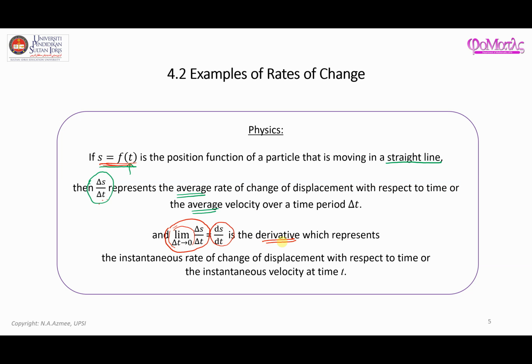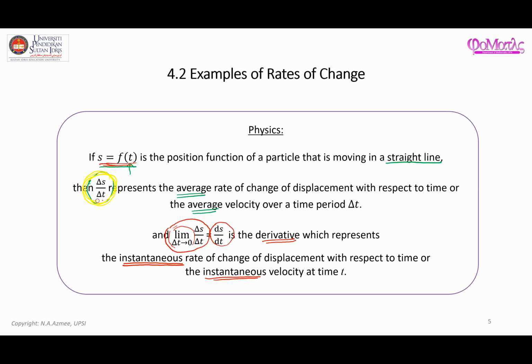The meaning of the derivative is the instantaneous rate of change of displacement with respect to time, or in other words, the instantaneous velocity at time t. That is the difference between what you are seeing here.